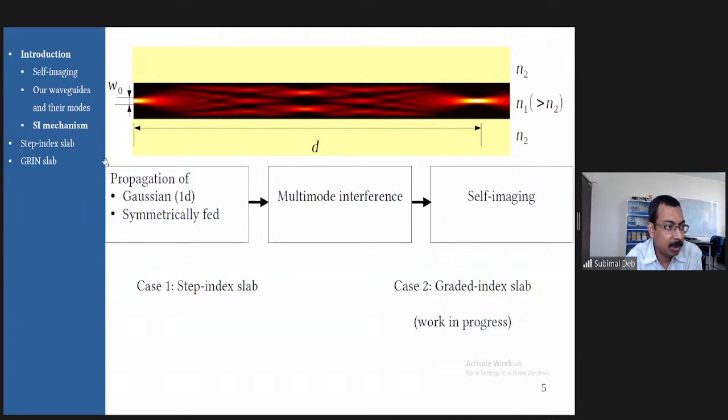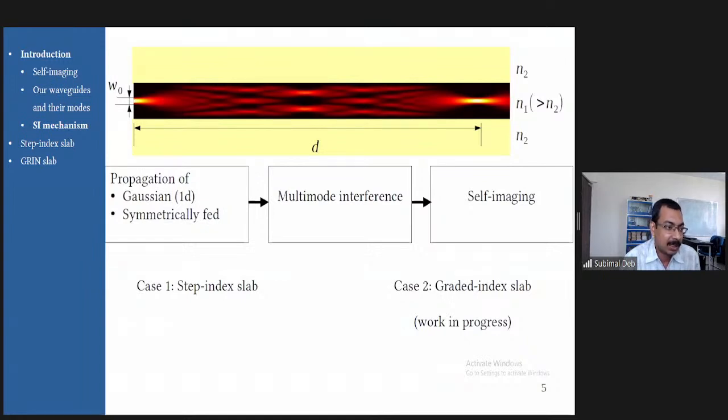And just to remind you, this case of propagation of waves in a waveguide, whether it be the slab waveguide or a step index waveguide or a graded index waveguide, it is the same mechanism that we would be looking into.